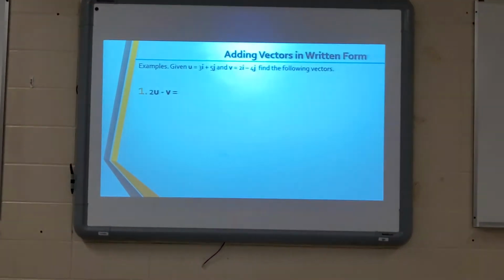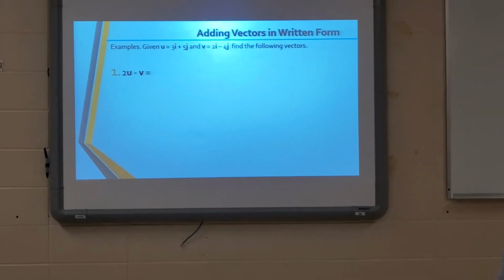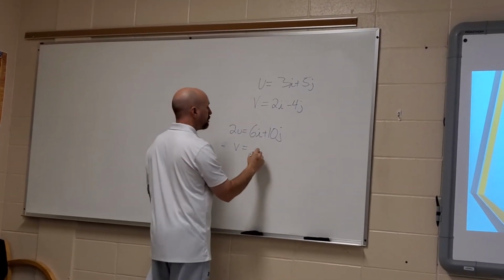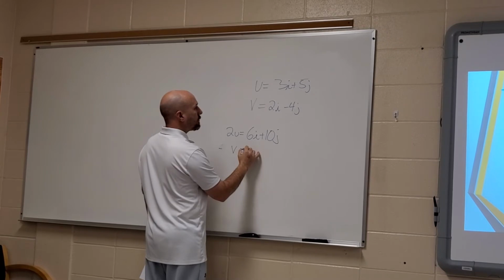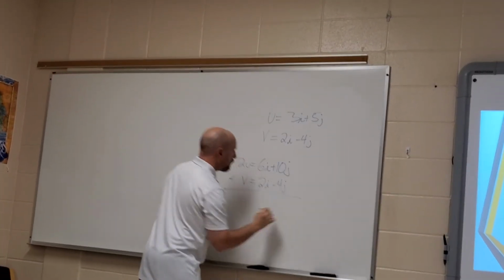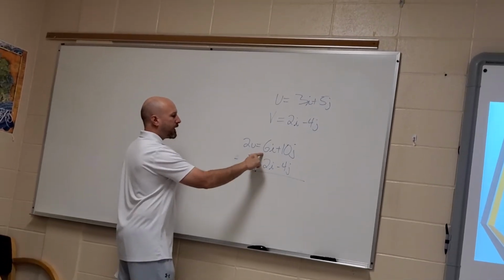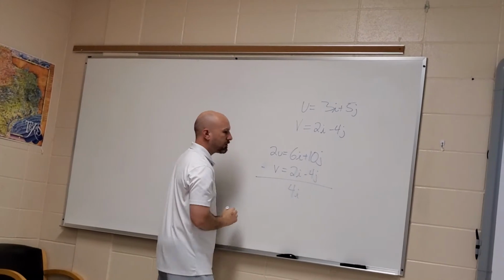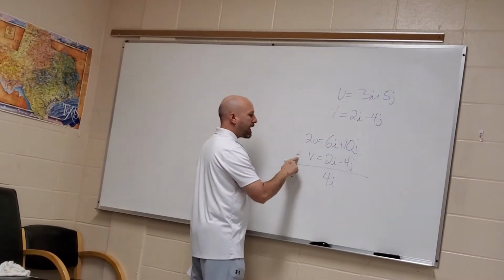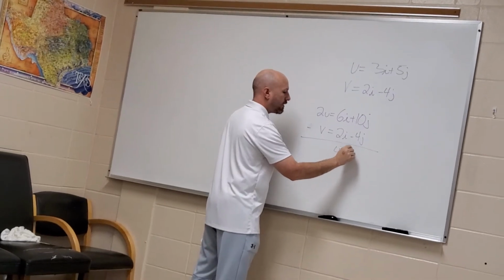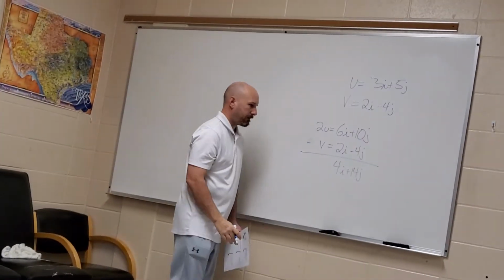Minus v, and v is 2i minus 4j. 6i minus 2i is 4i. 10j minus negative 4j would be plus 4j, so 14j.